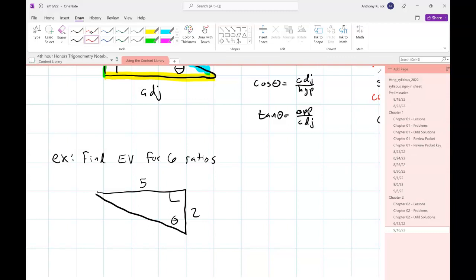All right. Well, wait a tick, Mr. Kulik. I can't write down a bunch of those ratios because I'm missing one of the sides of the triangle. Oh no, what should I do?